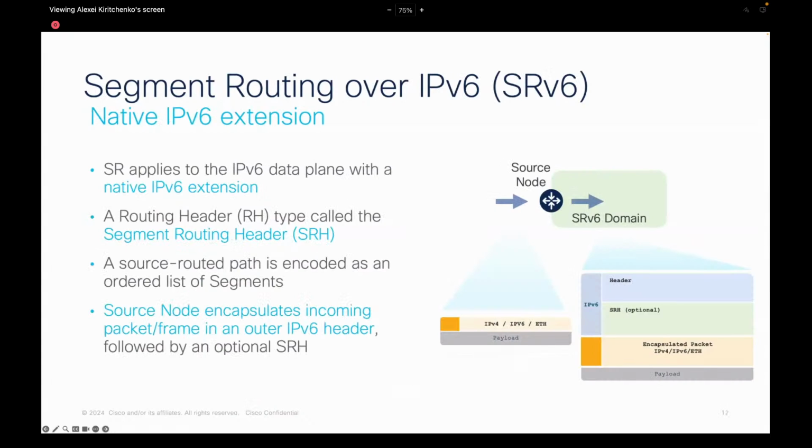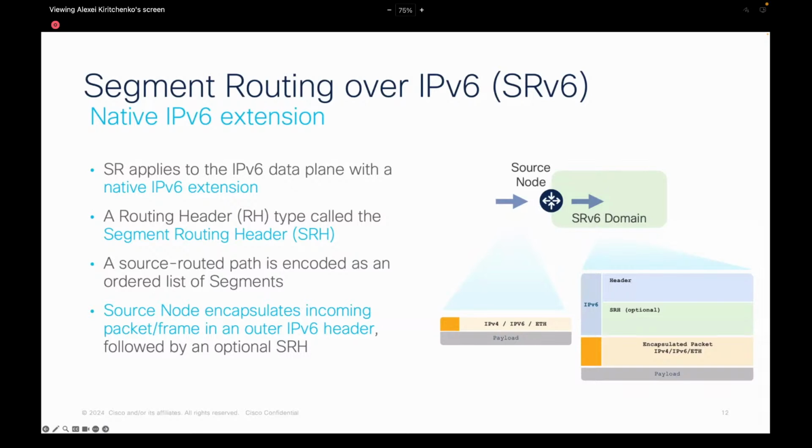Segment routing applies to the IPv6 data plane with a native IPv6 extension. This is achieved through the implementation of a routing header called the segment routing header, or SRH. Within this framework, the source-routed path is encoded as an ordered list of segments, providing clear and precise routing direction.